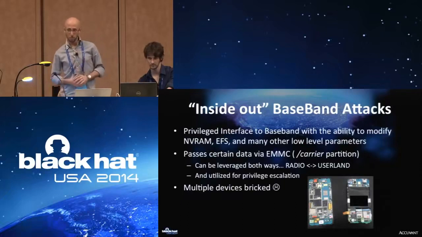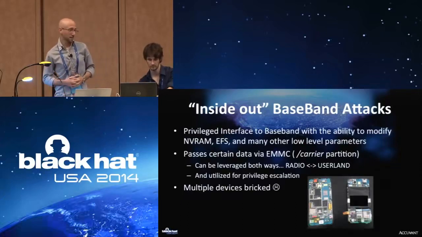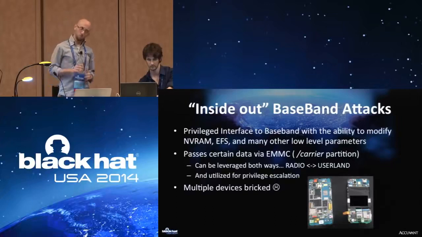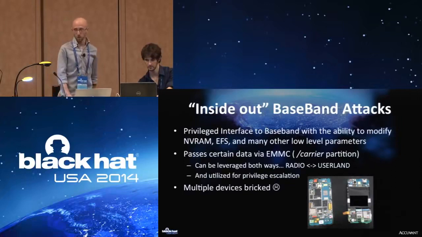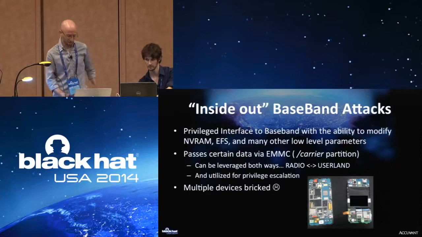Y'all may remember the guy from CyanogenMod. He wasn't quite wrong, wasn't quite right, but it's kind of on the right track. It can be leveraged both ways. The radio can write to it, and userland can write to it, and it can be used for privilege escalation. Unfortunately, using these different methods, we have bricked multiple devices.